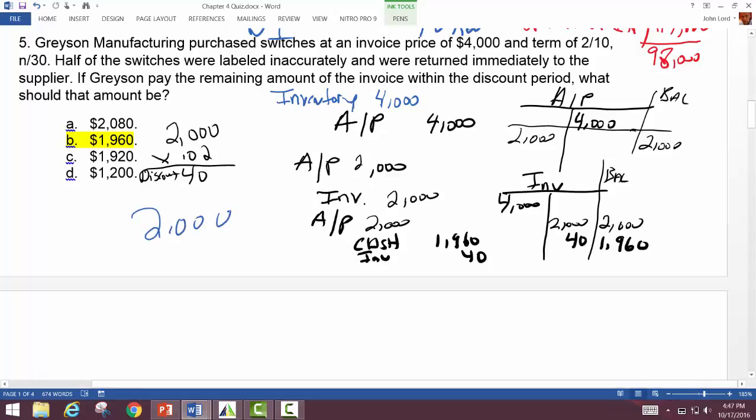After I knew that I had originally bought it for 4,000 and had sent back 2,000, so I owe 2,000. Is there any other way to come up with the 1960 besides taking 2,000 times 2% minus the $40? 2,000 minus $40 leaves me 1960. Is there any other way to do it?